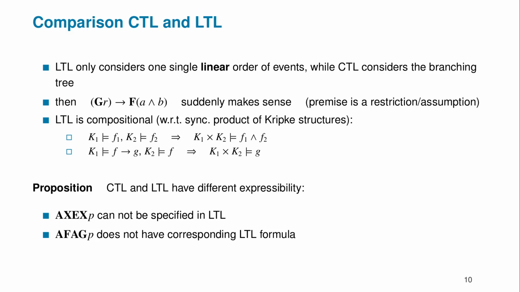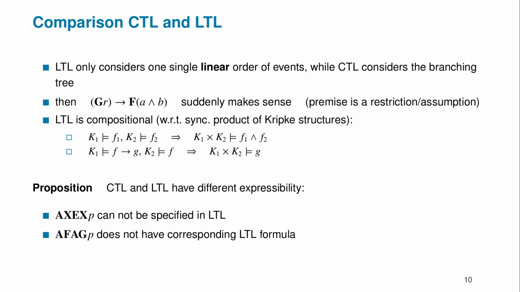And therefore we come to the following proposition: CTL and LTL have different expressibility, and here I have two examples of CTL formulas that cannot be specified in LTL. Always next exists XP cannot be specified, because this is quite obvious: in LTL we consider only individual traces, and therefore existential quantification is not possible.